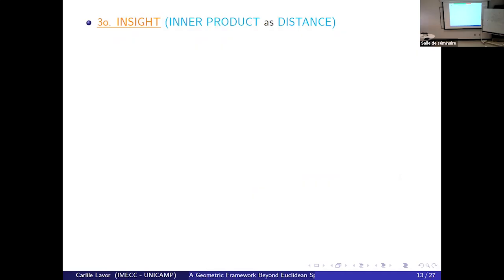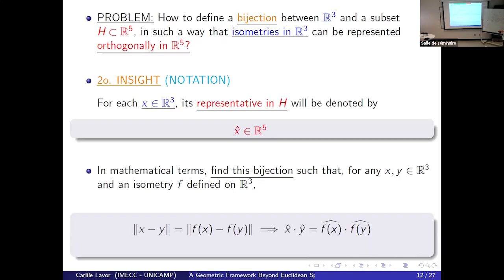So the third insight is the following. Thinking a little bit about this implication, we can observe that if this inner product in R5 is equal to the Euclidean distance in the 3D space, the implication will be solved. It's just an idea.